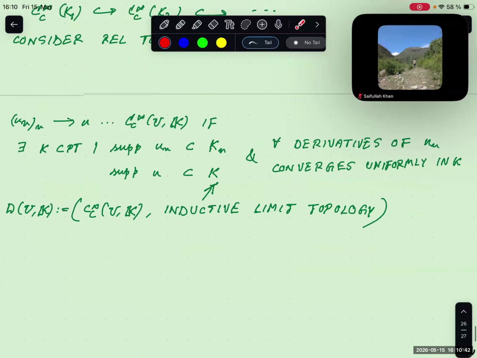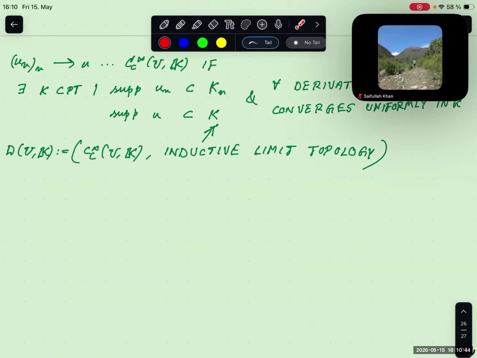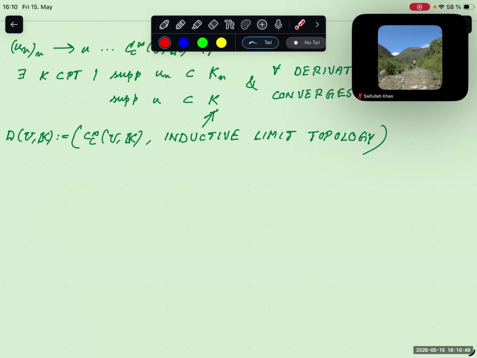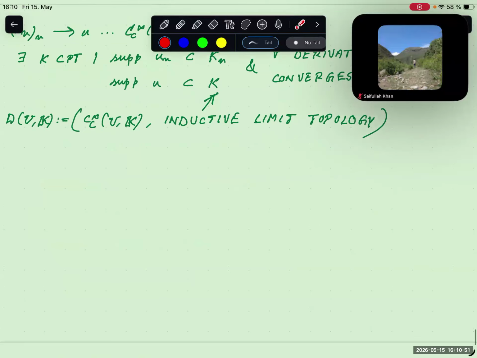Why we are doing this is definitely the question. So please bear with me for two more definitions and then we will see something interesting, something that I believe most of you are familiar with. Now we define something called a distribution.